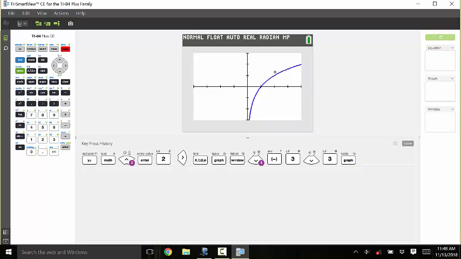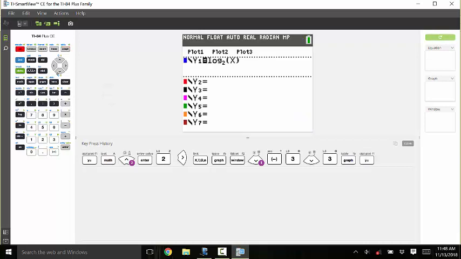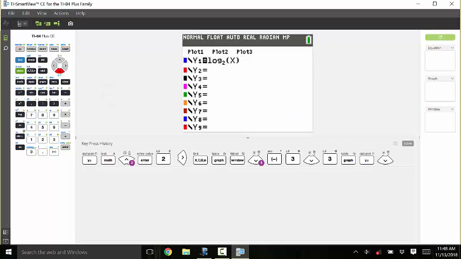So can you graph logs of other bases other than base 10 and base e? Yes. Now, in the olden days, we used to have to graph ln of x divided by ln of 2. We had to do the change of base formula. It didn't have the template of log base 2 of x.